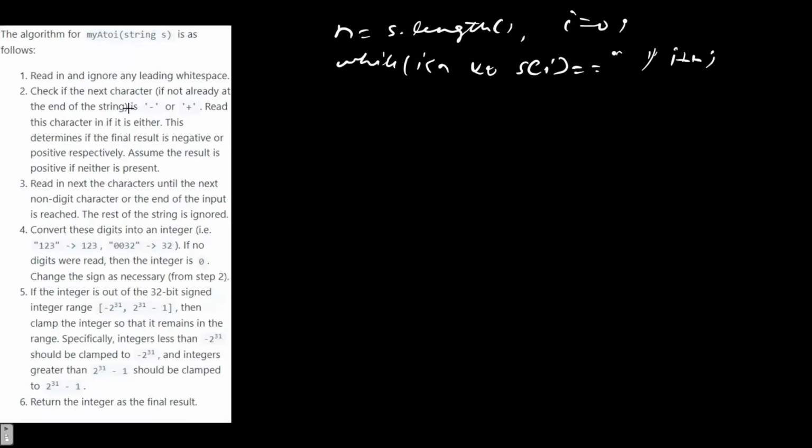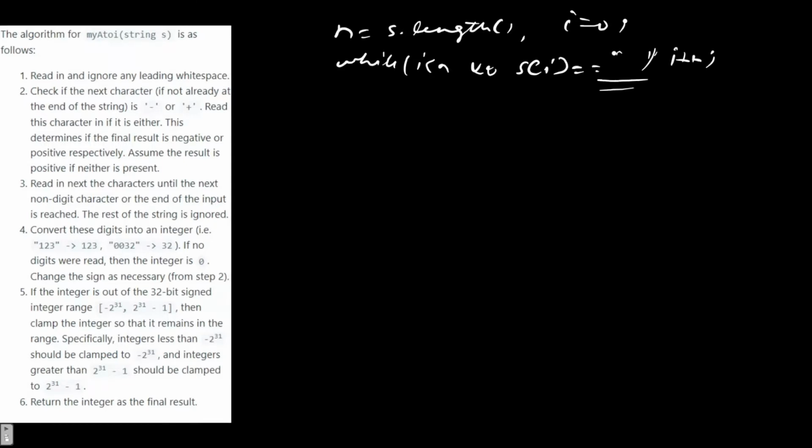Then we'll check if the next character, if not already at the end of the string, is minus or plus. We have ignored the white space part. Now we have to check whether our next character is positive or negative.